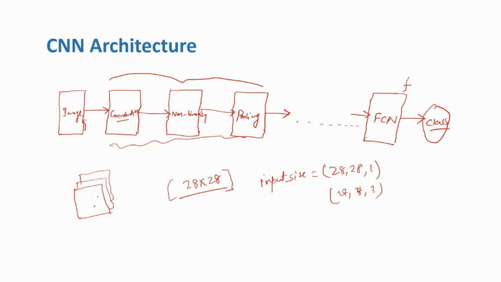For multiple kernels, after convolution, all the feature maps obtained from distinct kernels, from kernel 1, kernel 2, kernel 3, kernel n, are stacked together like this. These are the feature maps after the convolution operation by the kernels. They will be stacked together.